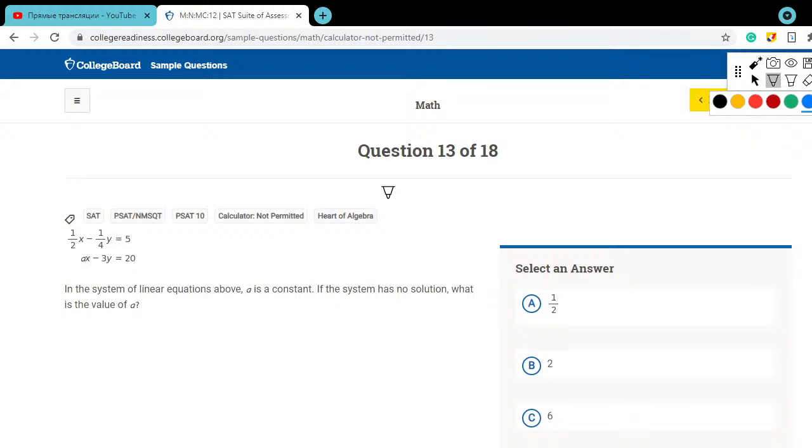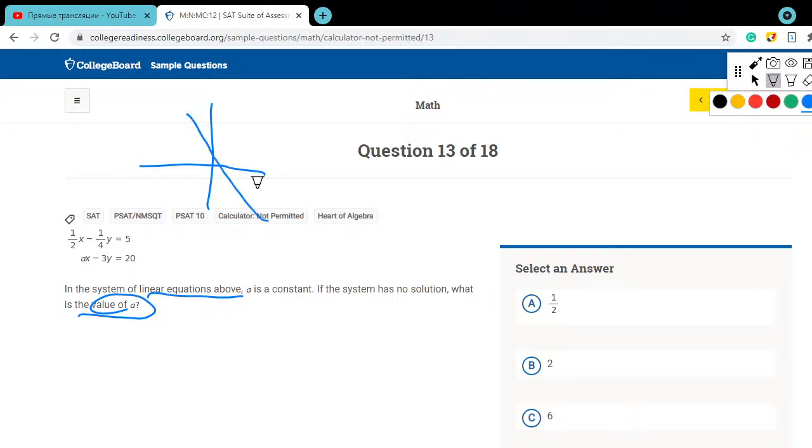Here, I like this question because we have a system of linear equations, and we have to know whether there is a solution or not, and we need to find the value of a where there is no solution. Look, if this is a graph, we have one line.